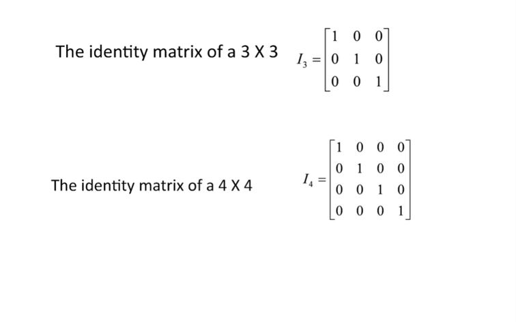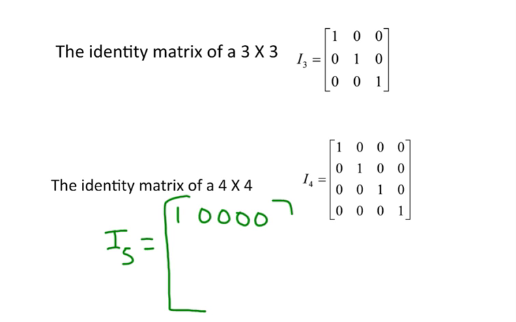So if you had I5, you have 1, right? So it'd be 0, 1, 0, 0, 0.